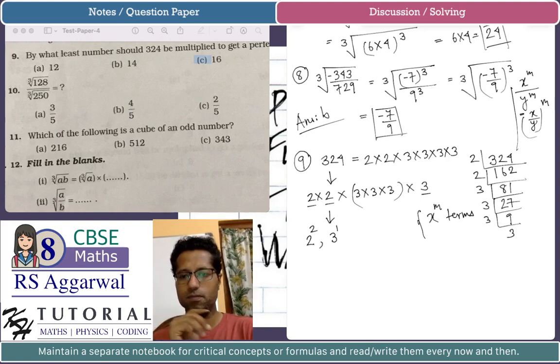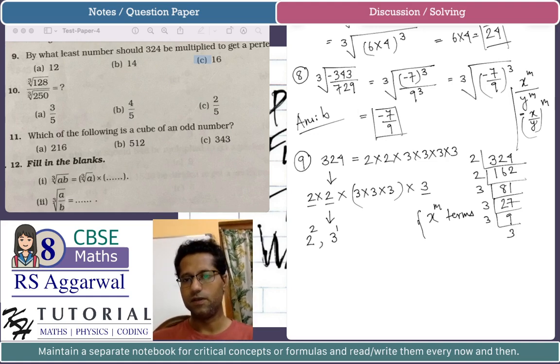So for this problem we will find those x to the power m terms, and in this problem those terms are 2 square and 3 to the power 1. Now once we have these x to the power m terms, from them we will find the x to the power 3 minus m terms.